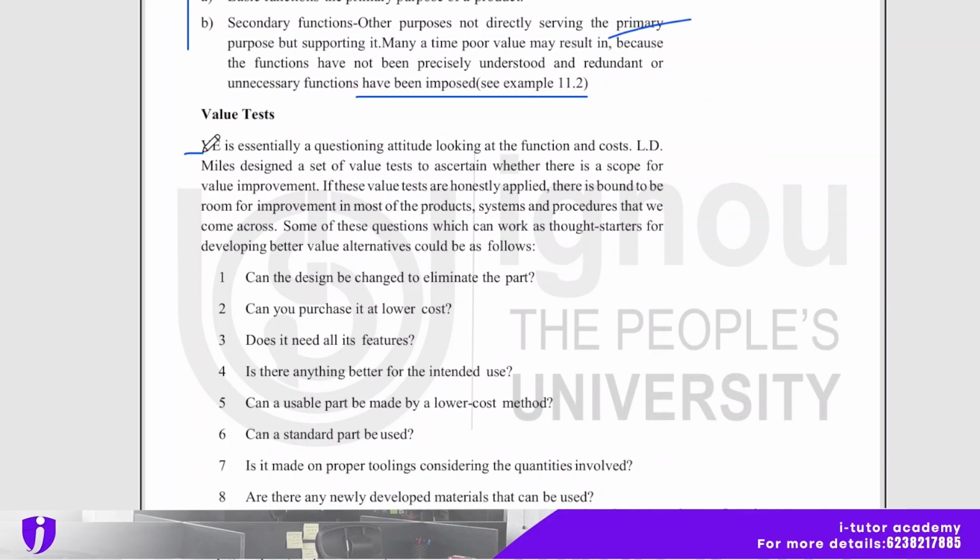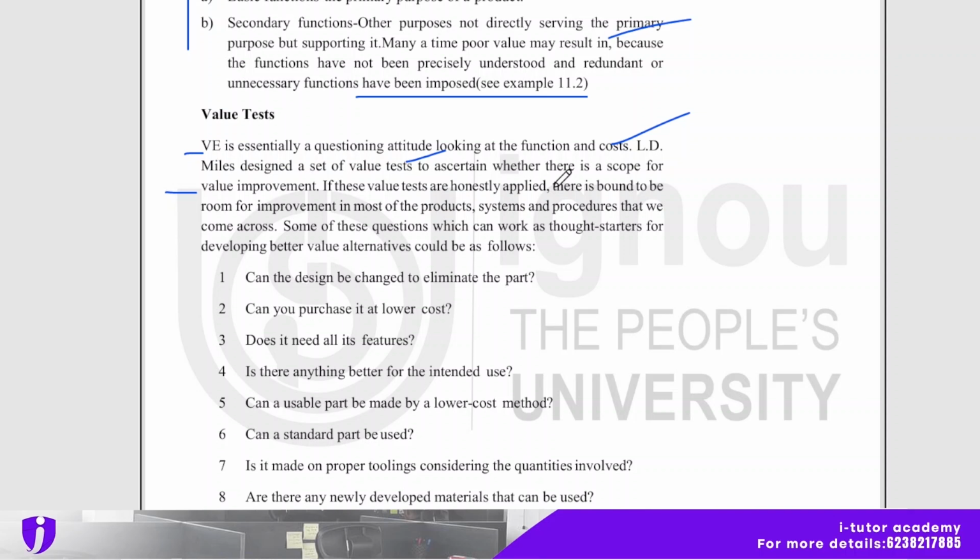And value test, VE, is essentially a questioning attitude looking at the function and cost. LD Miles designed a set of value tests to ascertain whether there is a scope for value improvement. If these value tests are honestly applied, there is bound to be room for improvement in most of the product, system and procedures that we come across.